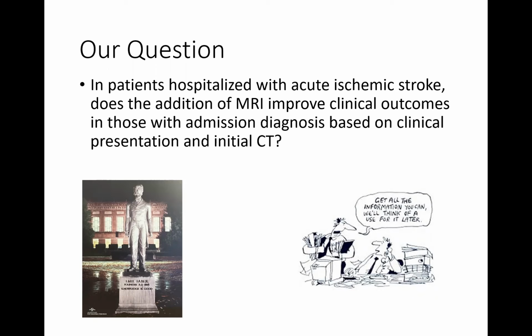So they came in, they had a clinical syndrome that looked like a stroke, they got a CT, the CT did not show a hemorrhage or anything else, and they were admitted with a diagnosis of acute ischemic stroke on that basis. And then they either went on to get an MRI or not.